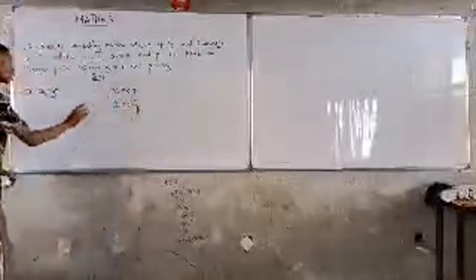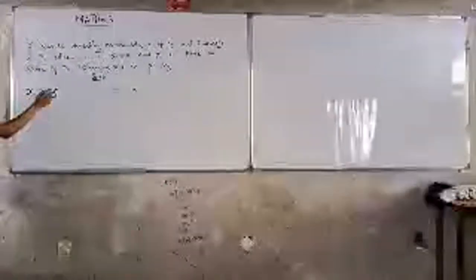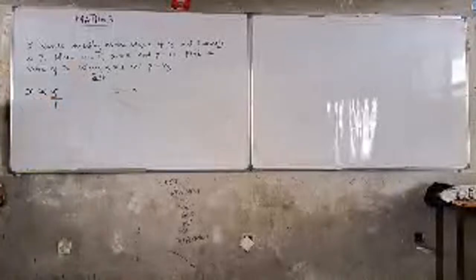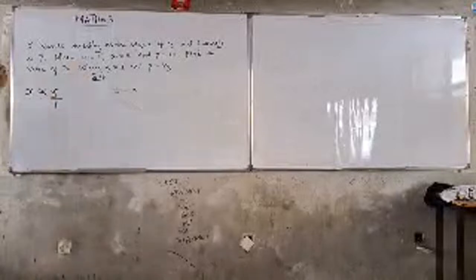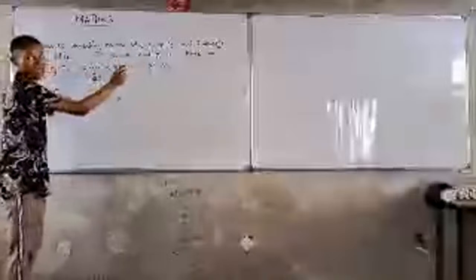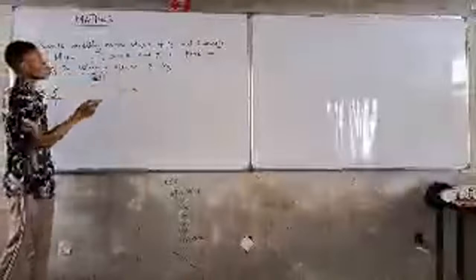So the question says x varies directly as the square of y and inversely as p. Do you understand? Now when y equal to 5, x equal to 8, and p equal to 10, find the value of x when y equal to 3 and p equal to 1 over 3.